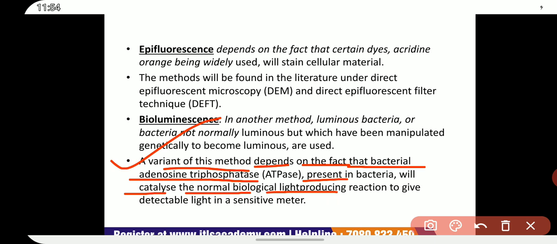ATPase is responsible for the light producing action of the bioluminescent bacteria reaction to give detectable light in a sensitive meter, known as a light meter, which has the ability to measure the light generated by the bioluminescent bacteria.